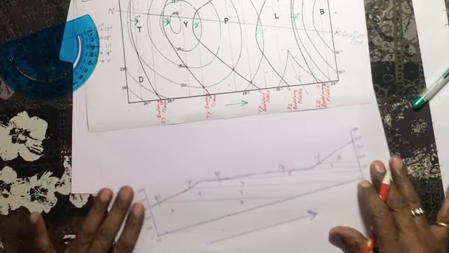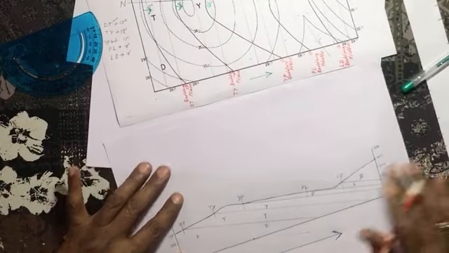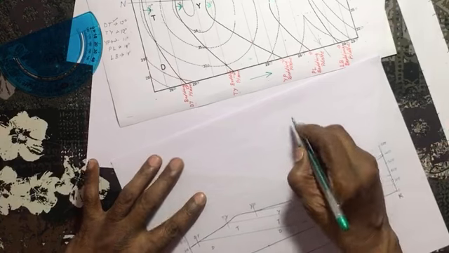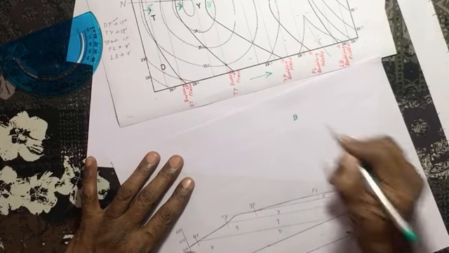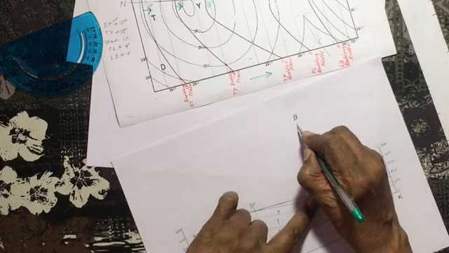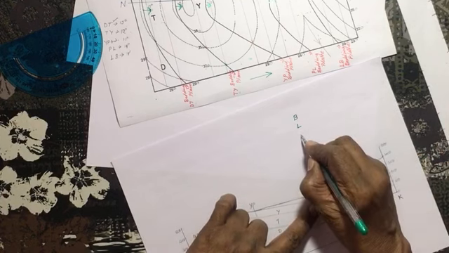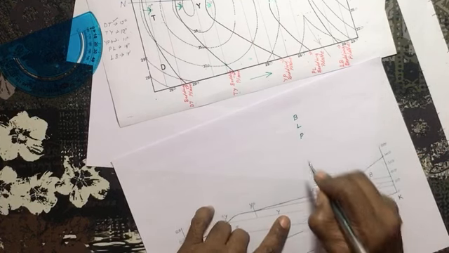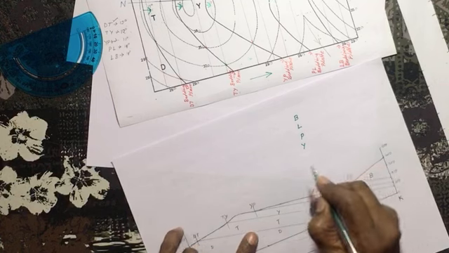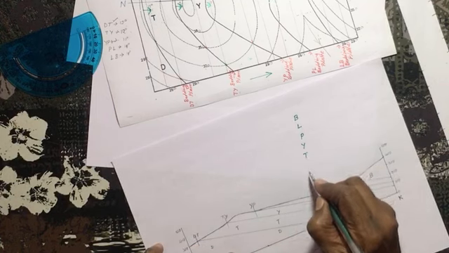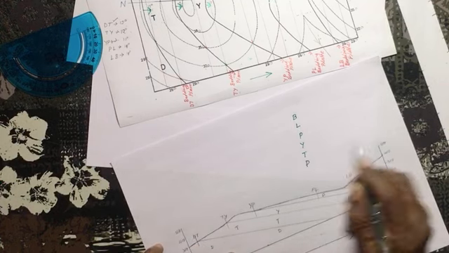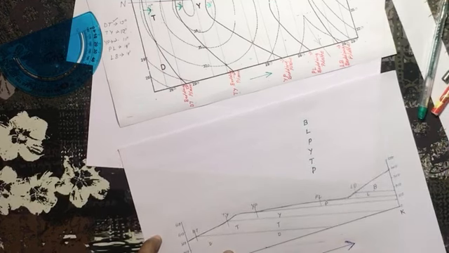These beds are there: the B bed on the top, then the L bed, then the P bed, then the Y bed, then the T bed, and then the D bed. So the D bed is the oldest bed.